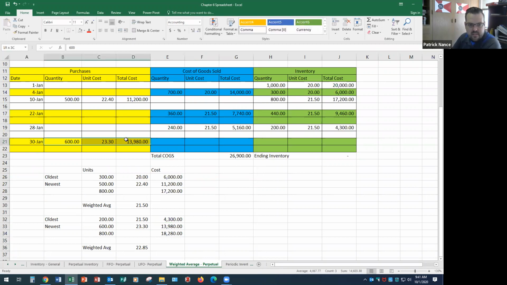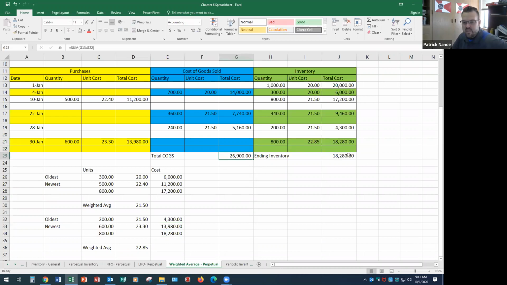So this is this layer here, this is this layer here. I ran a total, at a total cost, and then divide $18,280 by 800 to get $22.85. So I can have my total number of units times 22.85 to get my total cost of $18,280.